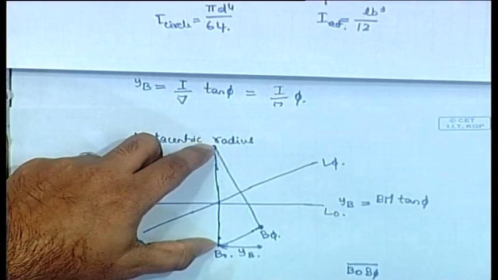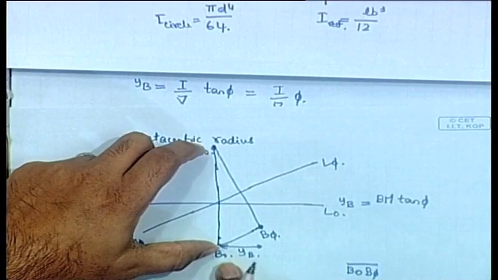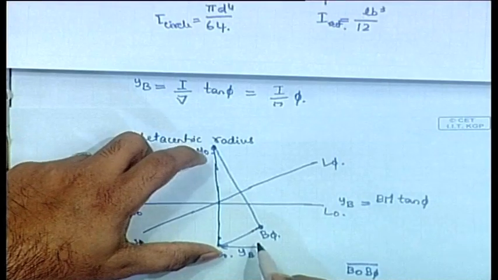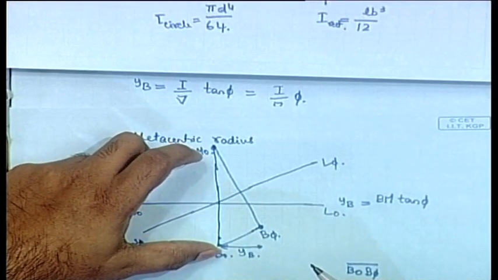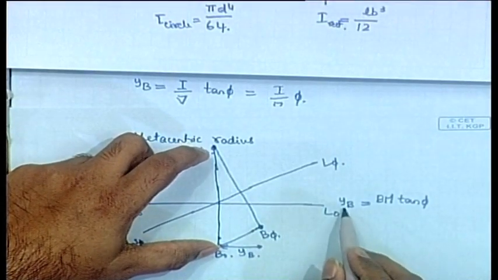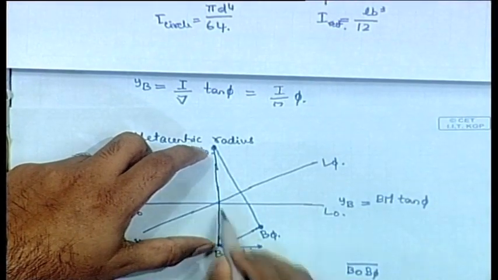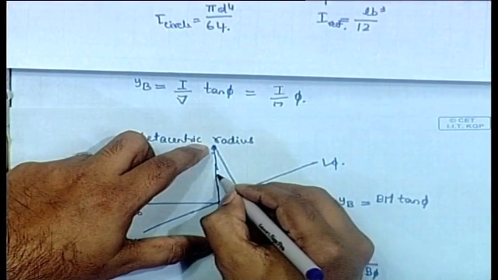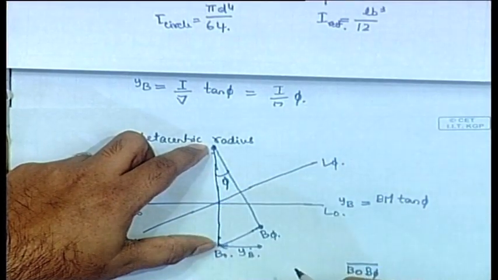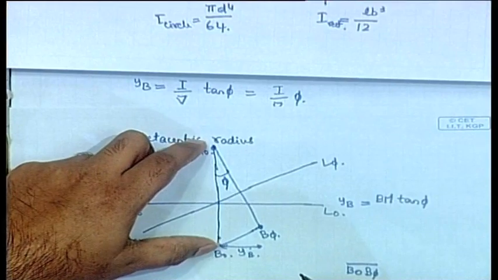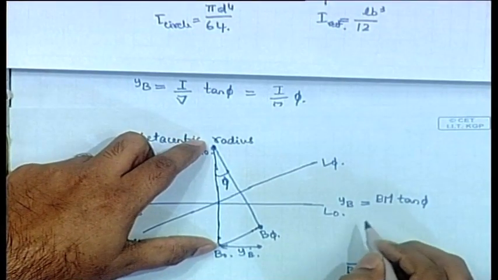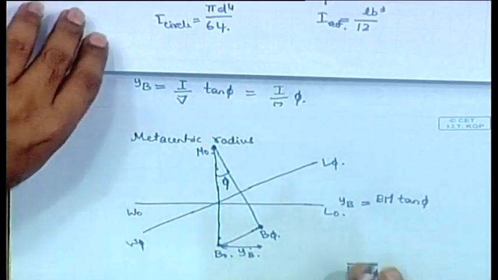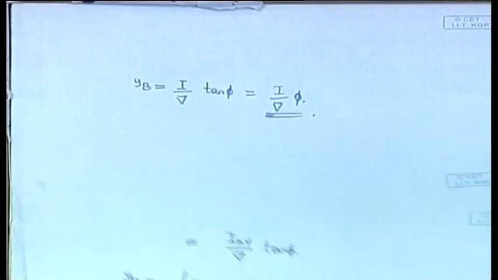Now let us assume that this distance, this ZB that you are talking about here, is very small, very negligible, because of which you can assume that YB, this distance, is actually BM tan phi. This is phi, always phi, the angle through which the body has heeled. There is a slight approximation in this derivation, but for ships it is not wrong, it is okay.